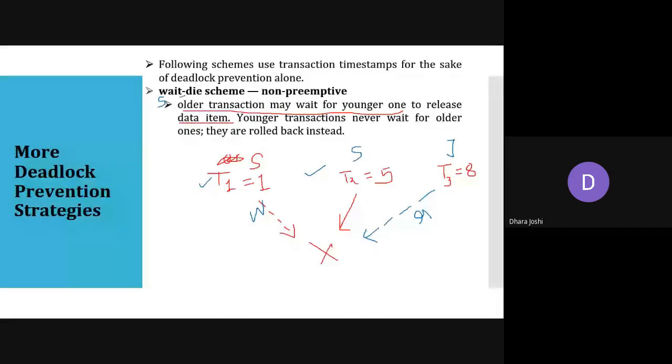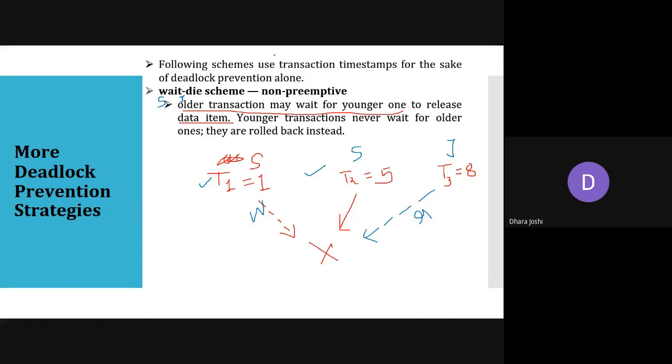So if you are an older transaction, then you need to wait for some time, because as you are older, transaction T1 entered the system at 1 p.m., so it is possible that till 5 p.m. it has done some amount of work. If transaction T1 were rolled back, all the tasks would need to be done again.